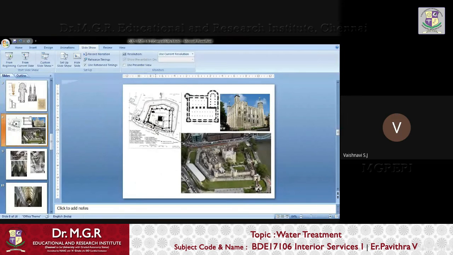What building is this? Tower of London, ma'am. Tower of London. What is this part in the Tower of London?